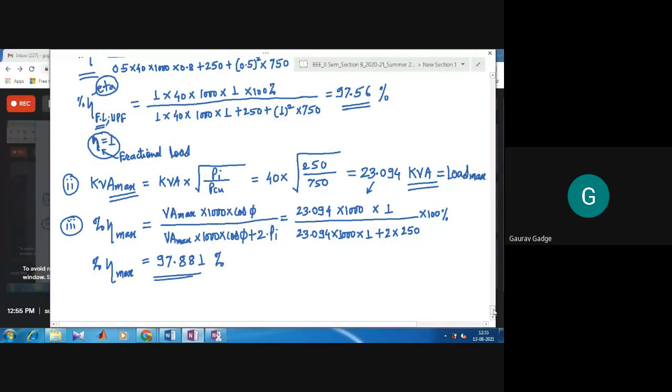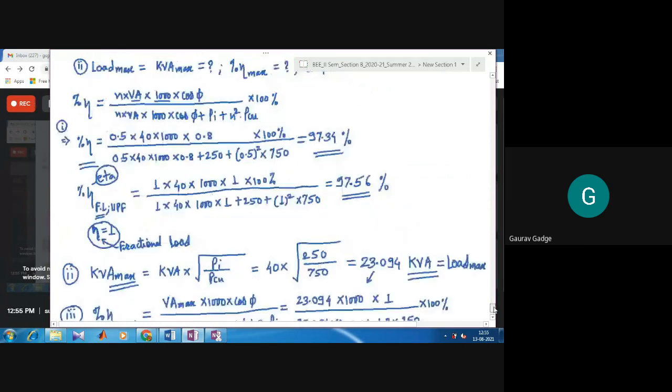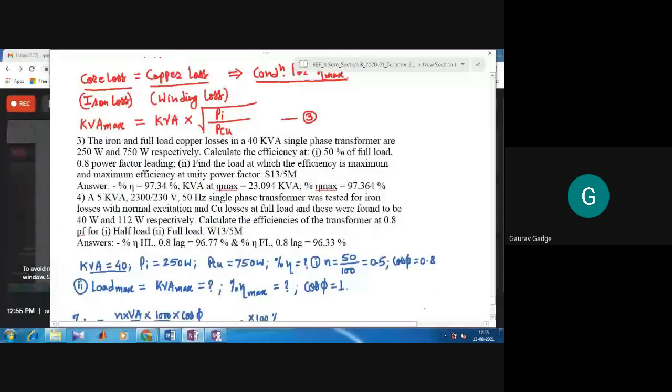Okay. Now I will quickly take another numerical, numerical number 4. So in numerical number 4, what is given? A 5 kVA, 2300 by 230 volt, 50 hertz transformer, and we have to find out the efficiency.